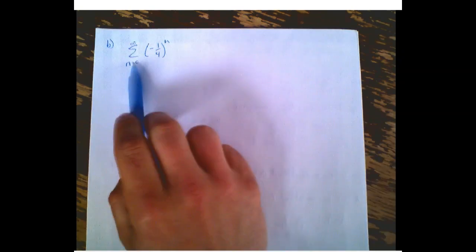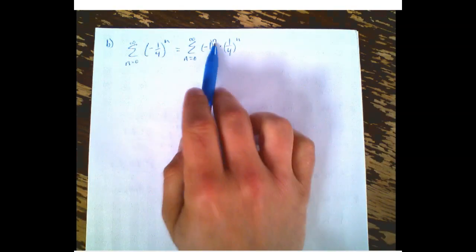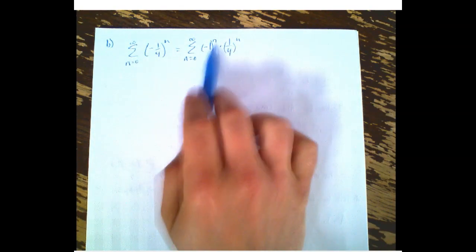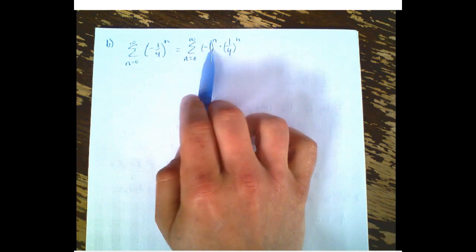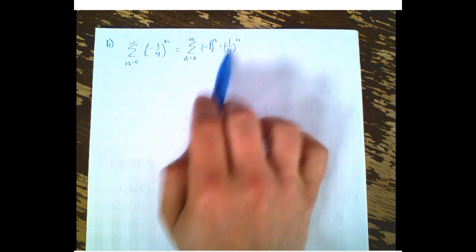All right, so note that we have this alternating series, right? This is because we can treat this as negative 1 to the n times 1/4 to the n. That's the same thing, right?